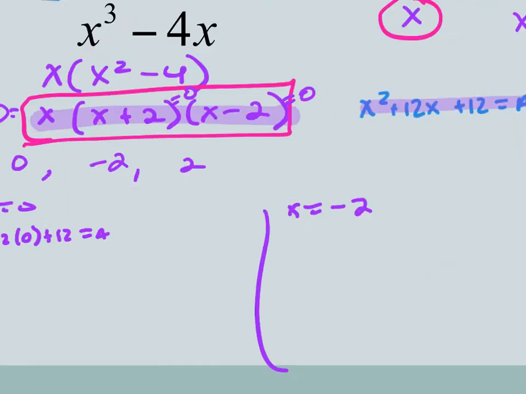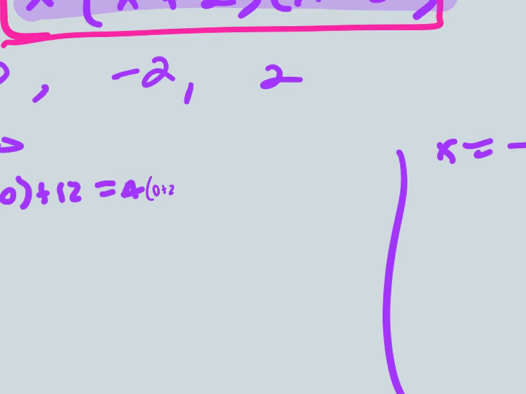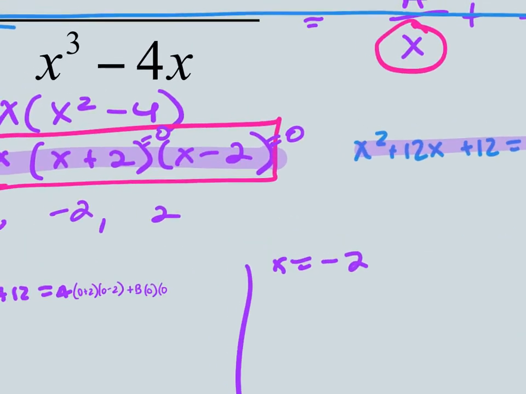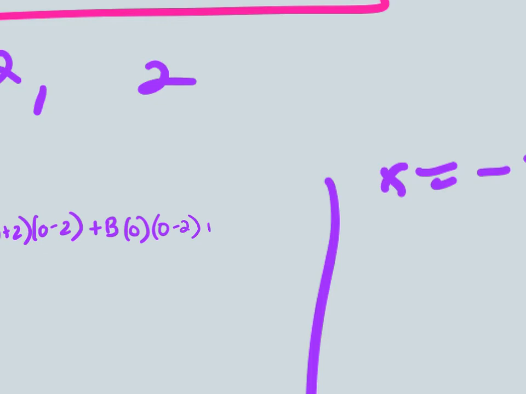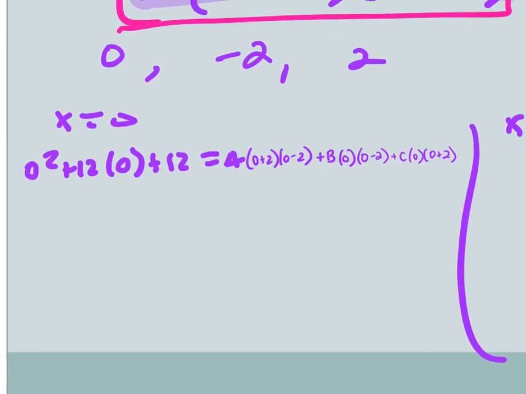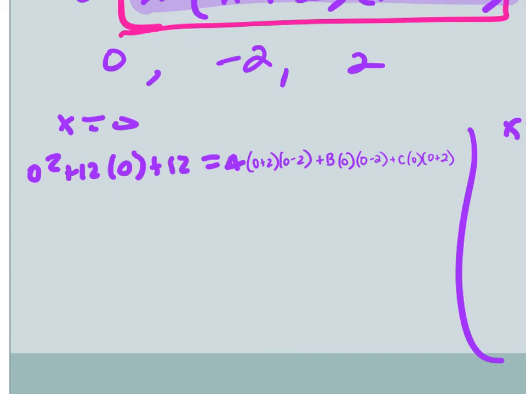0 squared plus 12 times 0 plus 12 equals... I'm going to have to write this teeny tiny. A times 0 plus 2, 0 minus 2. B, 0, 0 minus 2. C, 0, and 0 plus 2. So everywhere there was an x, I put a 0.